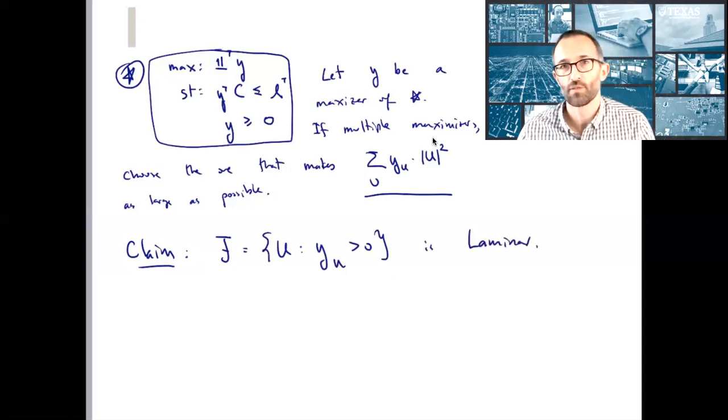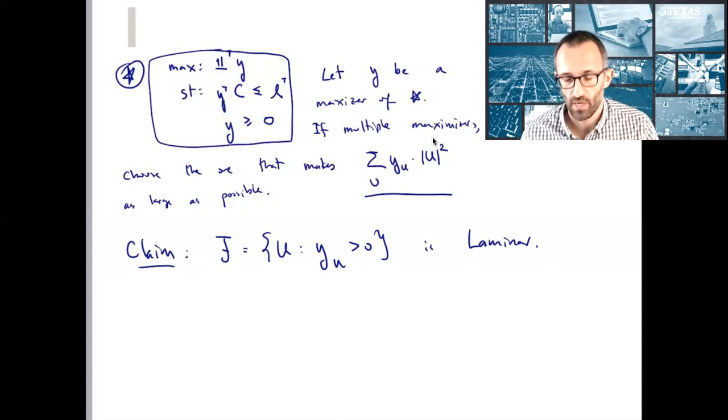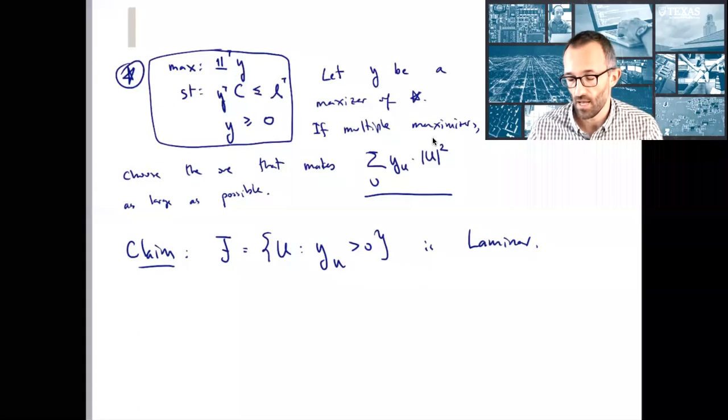This, by the way, is a very common technique for extracting, if there are multiple solutions, one which is laminar. We're not going to prove this claim right now, but it takes a little bit of thought, but it is straightforward in a way that picking something that minimizes this kind of objective would give you something laminar.